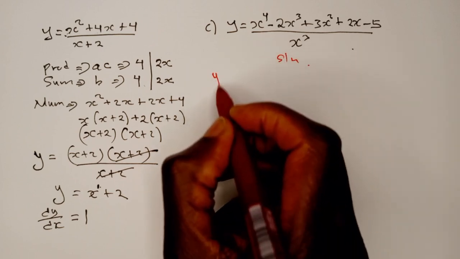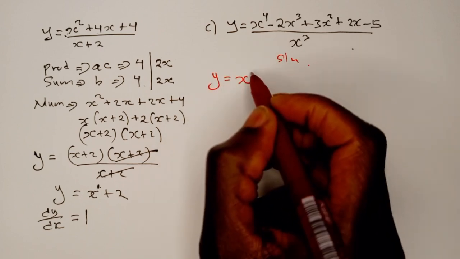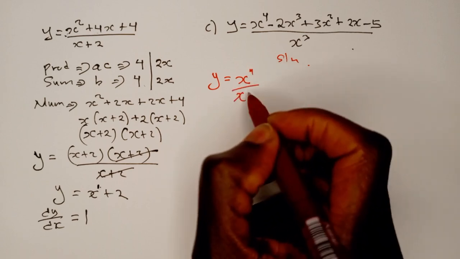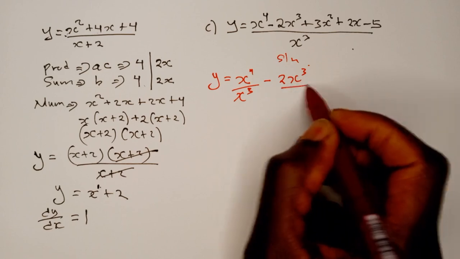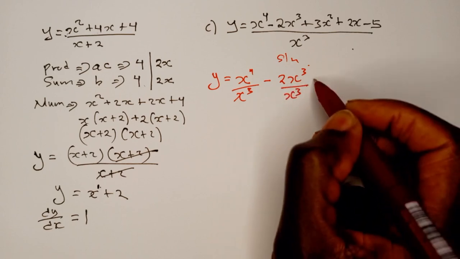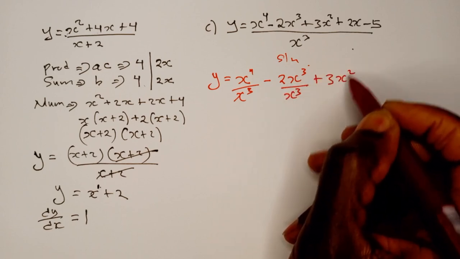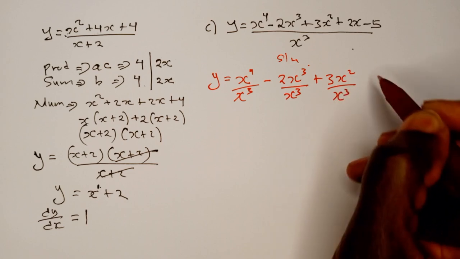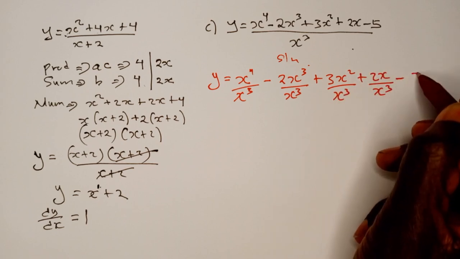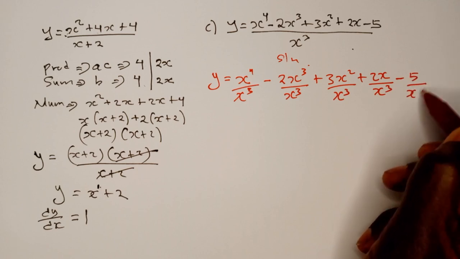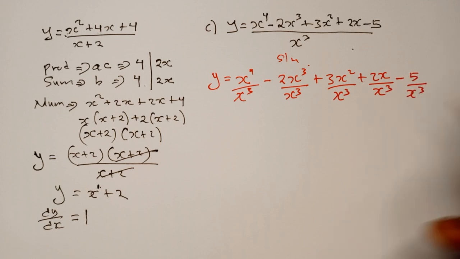So we're going to have y is equal to x to the 4 divided by x raised to 3 minus 2x cubed divided by x raised to 3 plus 3x squared divided by x raised to 3 plus 2x divided by x raised to 3 minus 5 divided by x raised to 3. Then try and simplify this one.